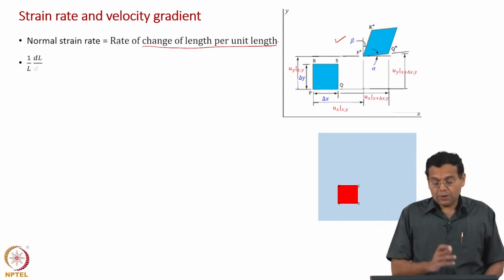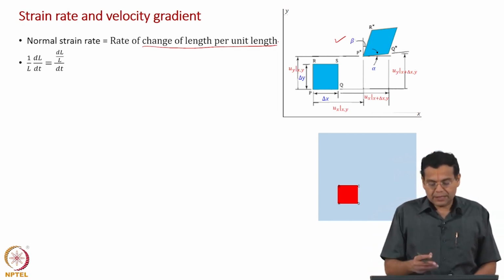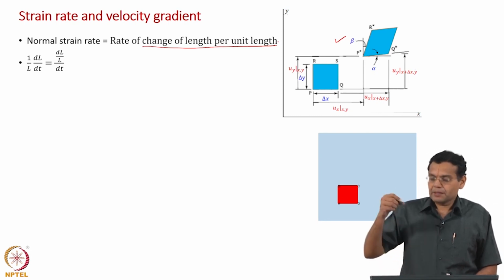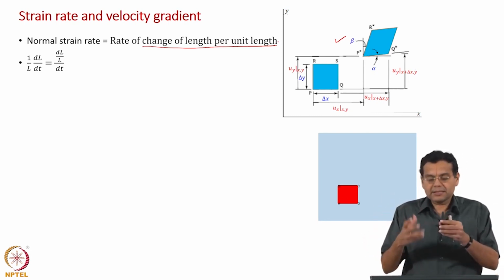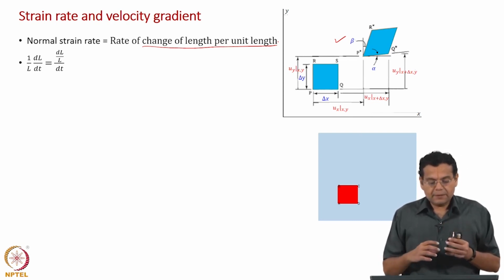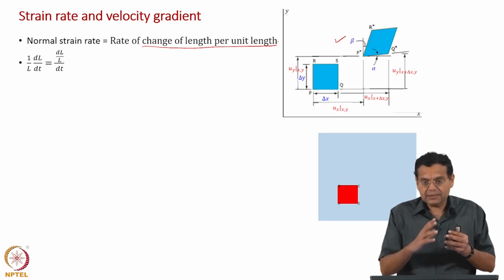How do we understand this normal strain rate, so that it will be easy to derive? Suppose you have a rod like this, and just imagine that the length keeps increasing. Then at any instant of time, the rate of change of length divided by the instantaneous length is the normal strain rate.